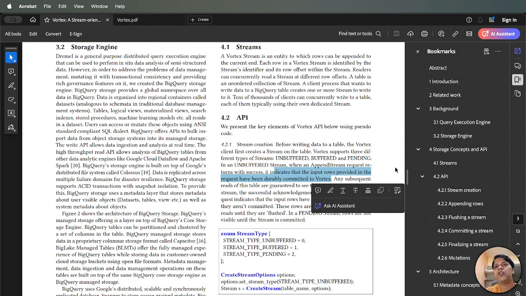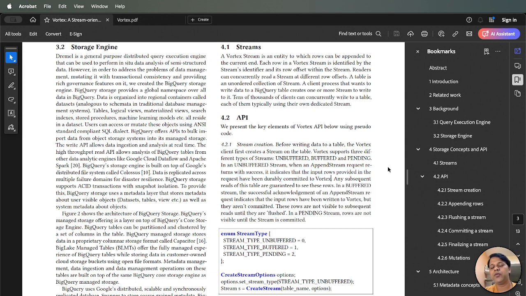They are not in memory, they are committed to Vortex. What that means we will see when we query it, but as of now it means it is committed to Vortex. It is durable now. If something happens to the system, the data won't get lost.